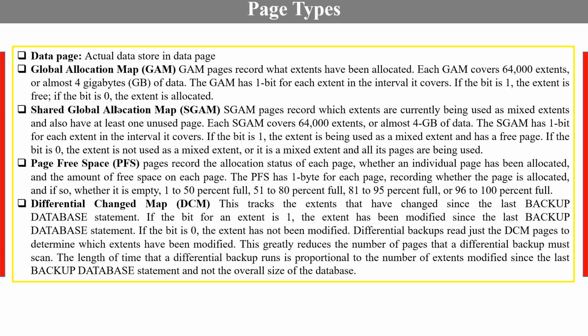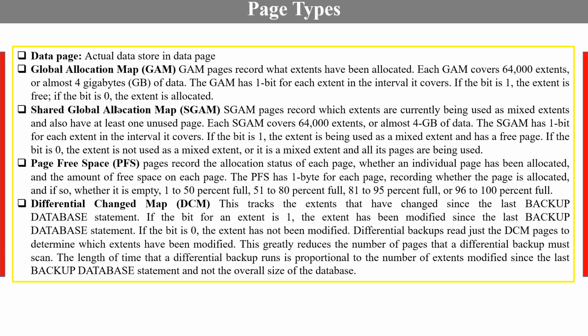Whenever you are creating the table and inserting the data, these many neat things are happening in the back end. When you start creating the table and inserting the data, the extents are allocated by going directly to the GAM page.